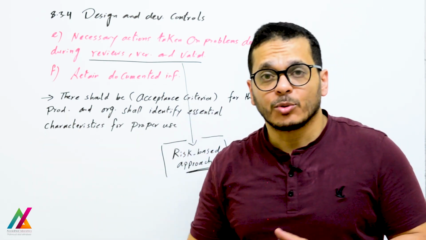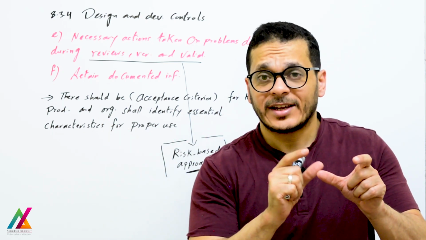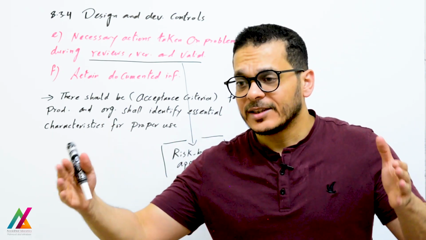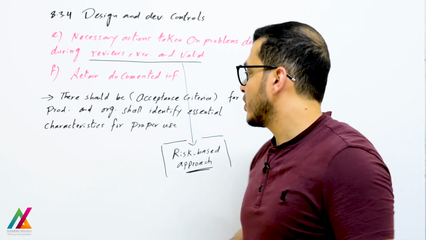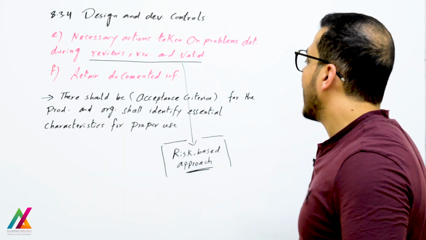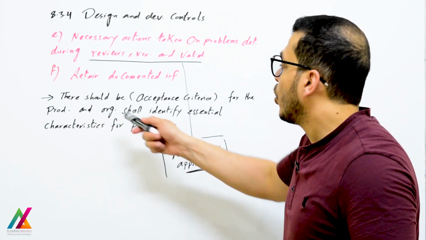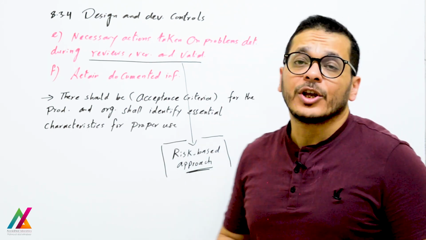Before giving the product or service to the customer, you shall make a comparison with your acceptance criteria for that product. Then if you find it is accepted, at the end you can give it to the users. So there should be acceptance criteria for the product, and the organization shall identify essential characteristics for proper use.